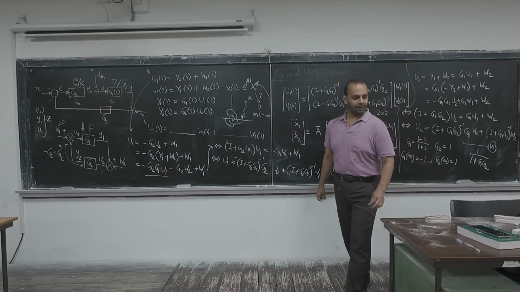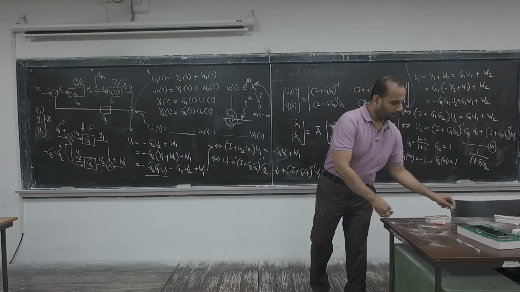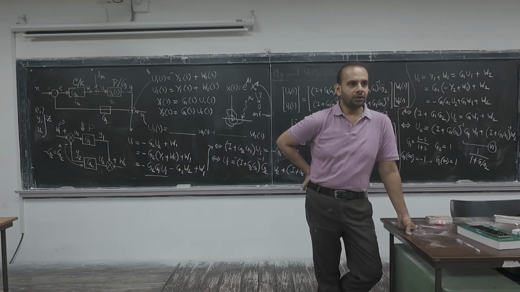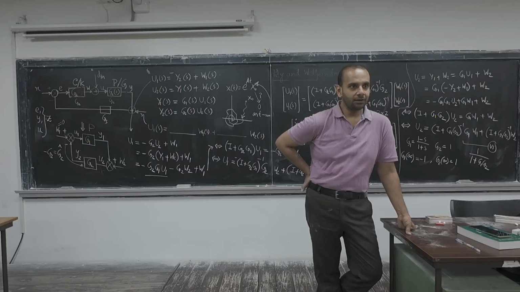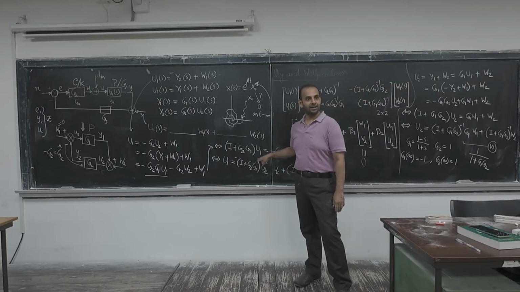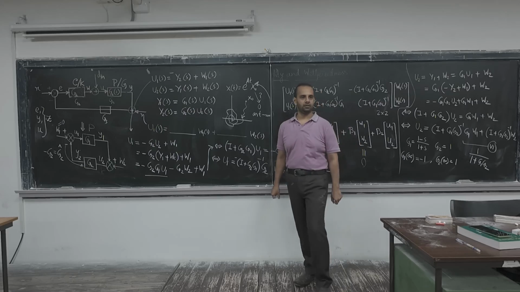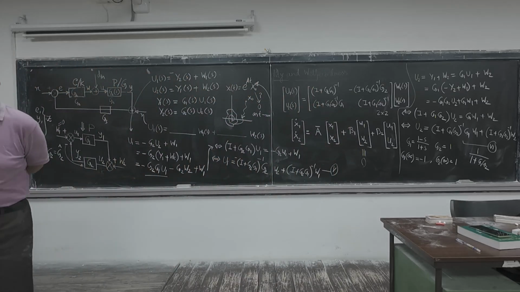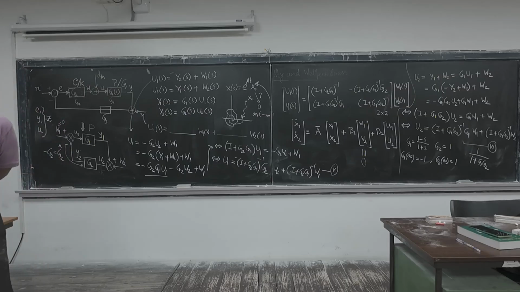That's why, to check whether a system is well posed or not, you just check whether (I plus G1 G2) inverse exists at infinity. That is a very short checking condition. You can argue, why are you only considering the infinity point?